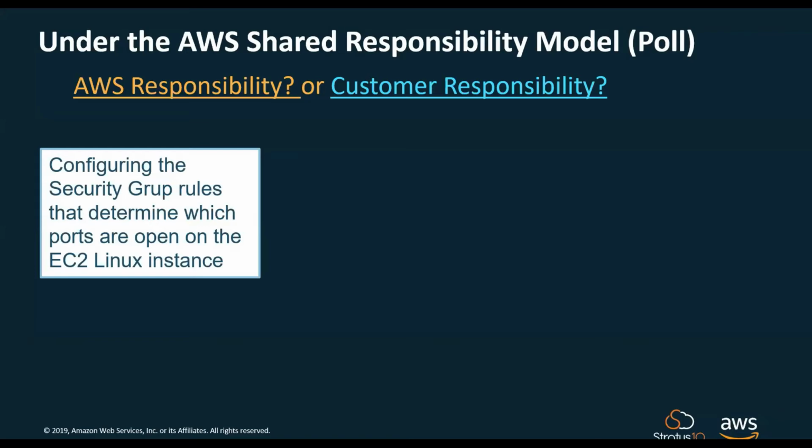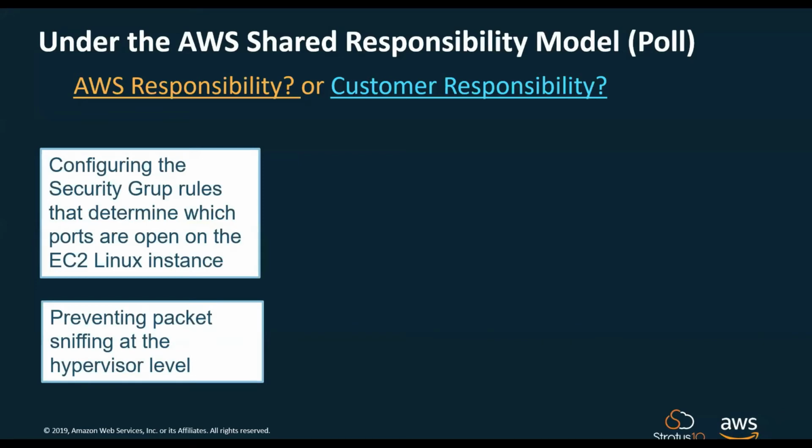Is that an AWS responsibility, or a responsibility of the customer? Based on the shared security model, this would be a responsibility of the customer, right? Because you are responsible for managing those security group rules.